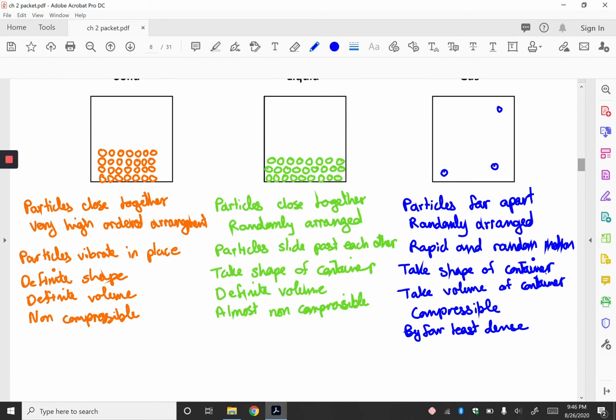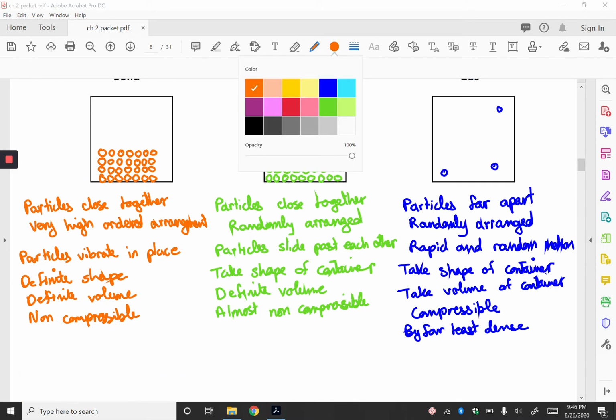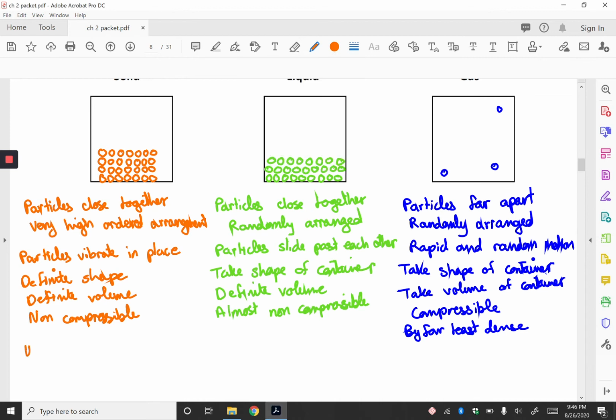Solids are usually the most dense, because their particles are the most compressed together.